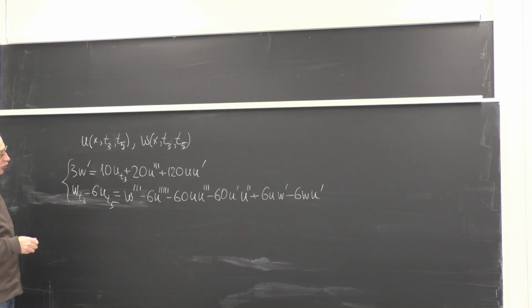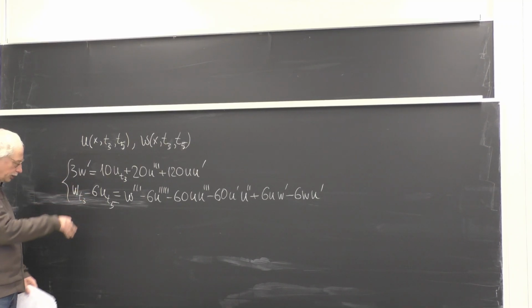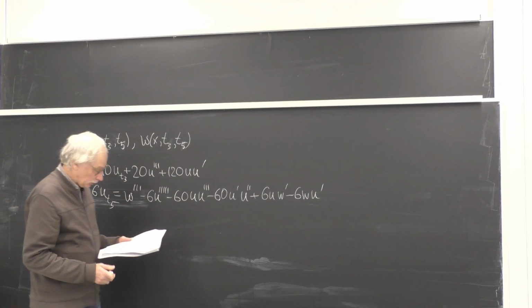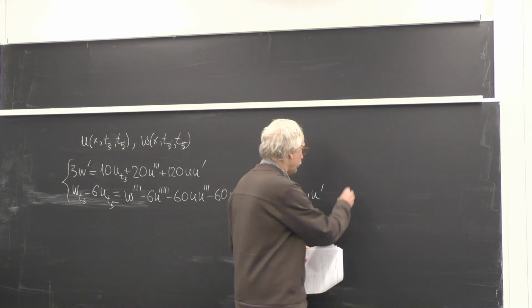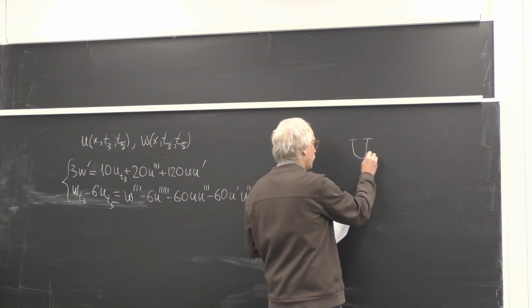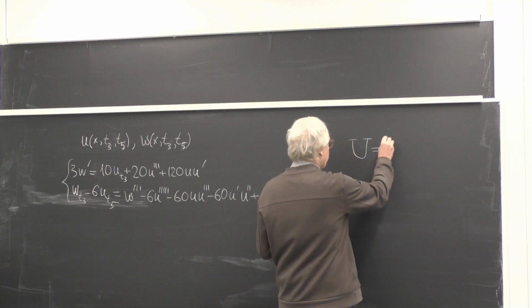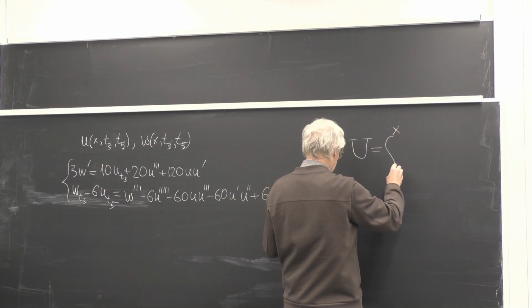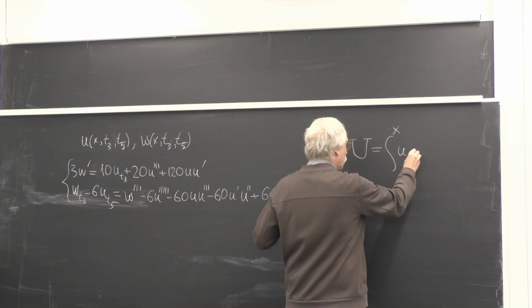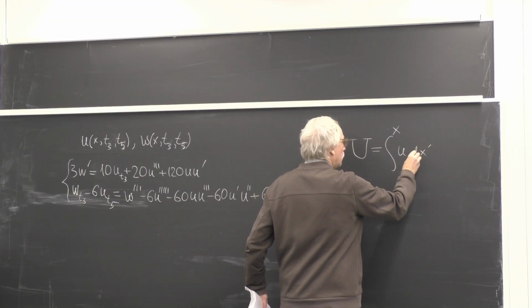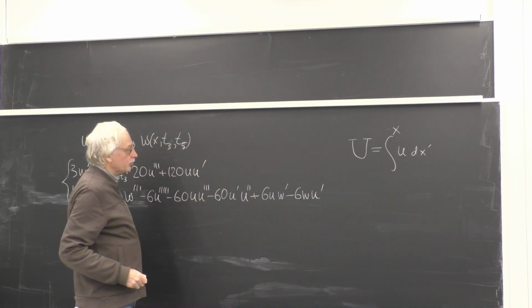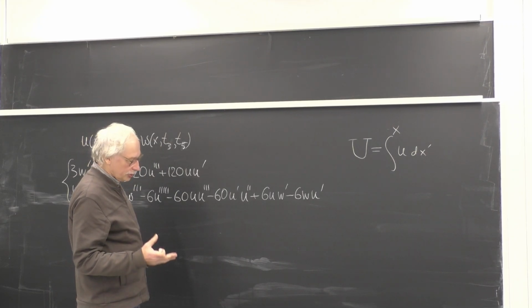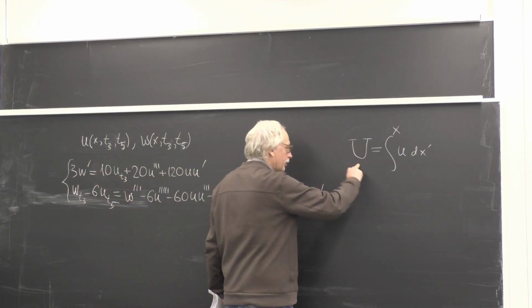Rather complicated system, and in principle you can exclude w and pass to another dependent variable, which is integral of u. Then the system can be written as a single equation for this u.